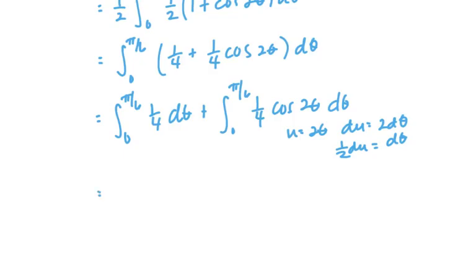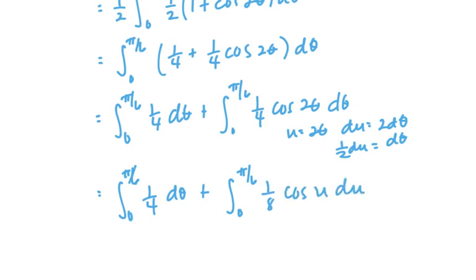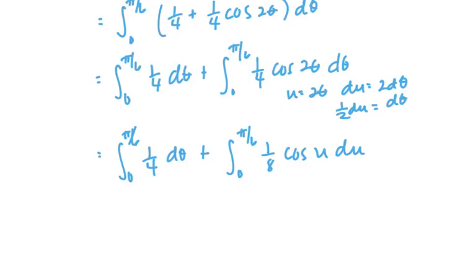So that means we have the integral from 0 to pi over 6 of 1/4 d theta, plus the integral from 0 to pi over 6, and I have 1/4 times 1/2, so we have 1/8 cosine of u du. If you need to, pause and think about that, but that's from this 1/2 du.